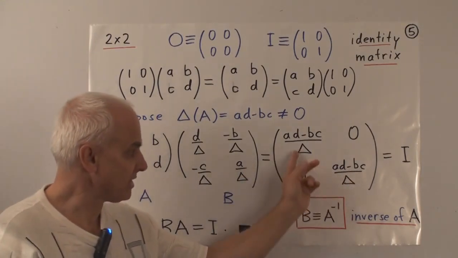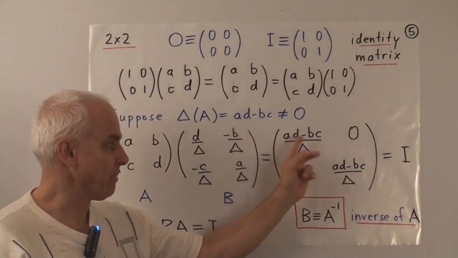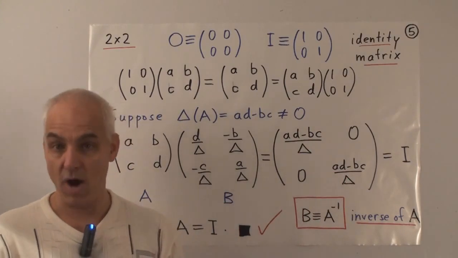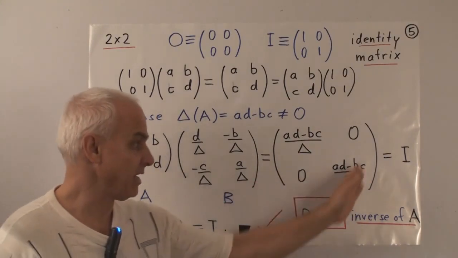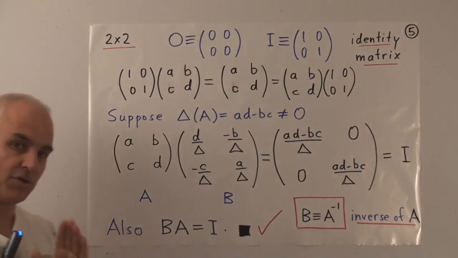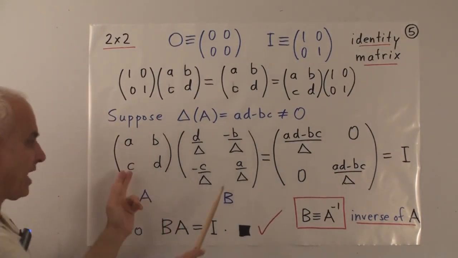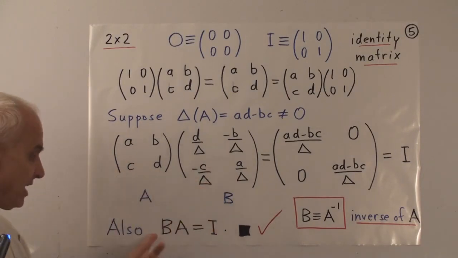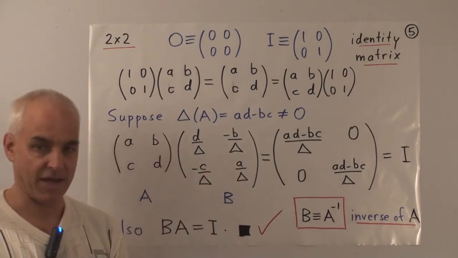But the delta is by definition AD minus BC, so these numbers on the diagonal are just 1. And we do indeed get the identity matrix. And please do it yourself: check that if we take these same two matrices and multiply them in the opposite order, B times A, you also get the identity matrix.